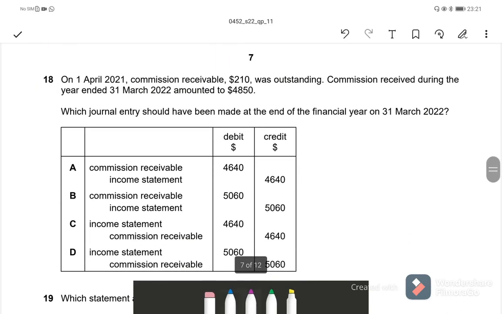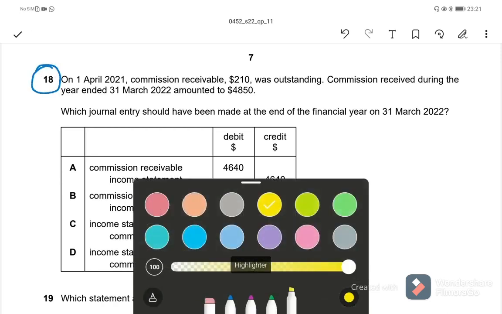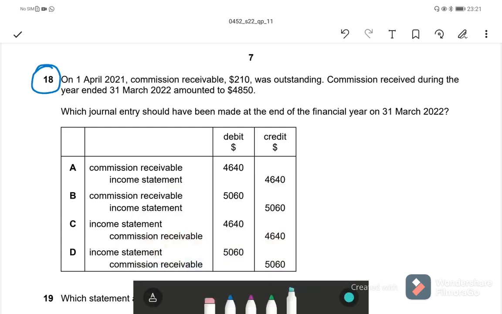Question number 18. On 1st April 2021, commission receivable 210. It was outstanding. Opening outstanding commission is 210.